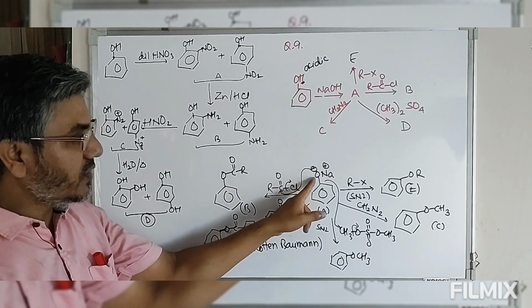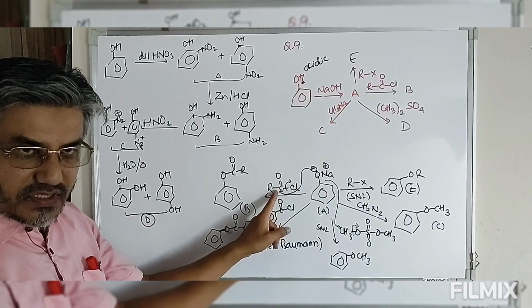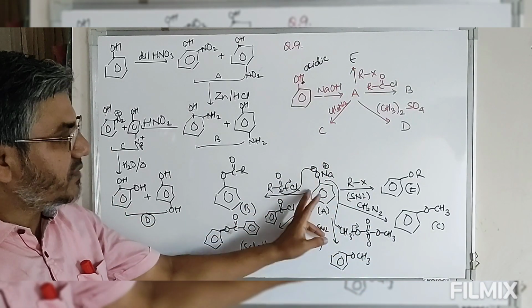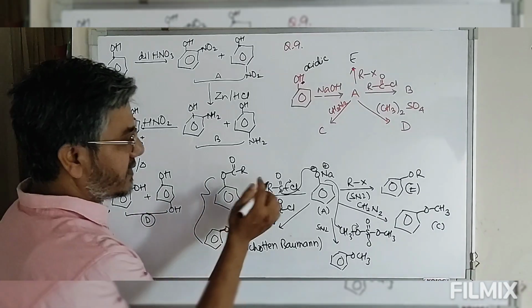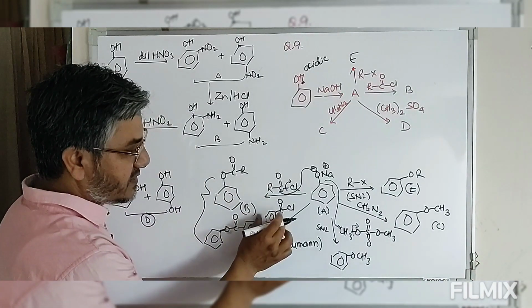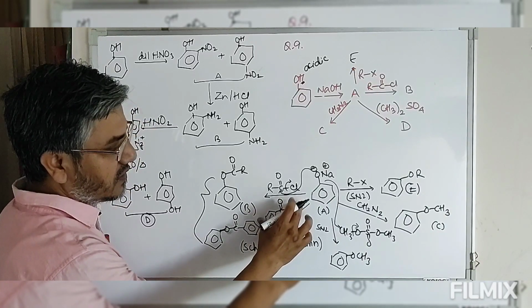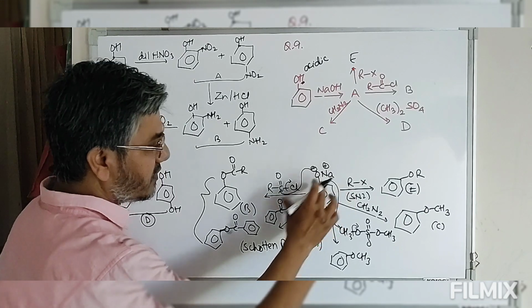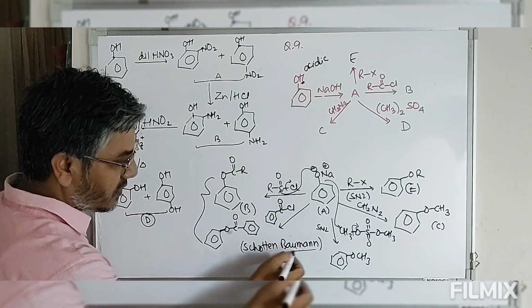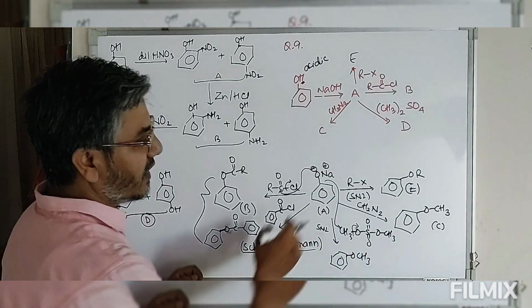So the nucleophilic oxygen attacks the electrophilic carbon, and X minus or Cl minus is released to give you phenolic esters. If instead of this alkyl group a benzene ring is used, that is benzoylation. So benzoylation of phenol with benzoyl chloride is known as the Schotten-Baumann reaction.